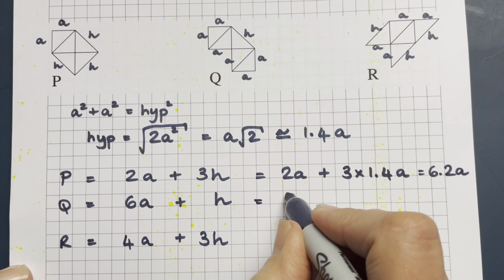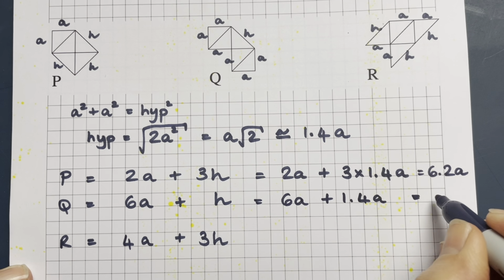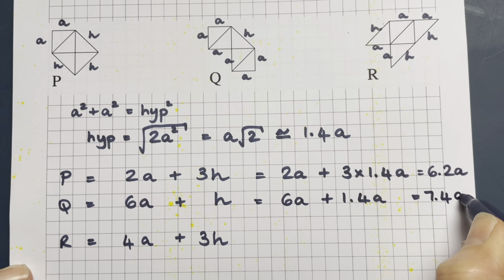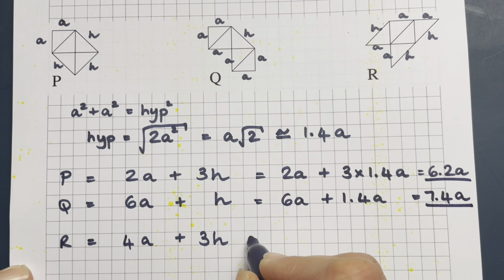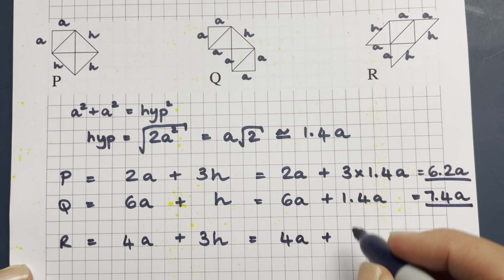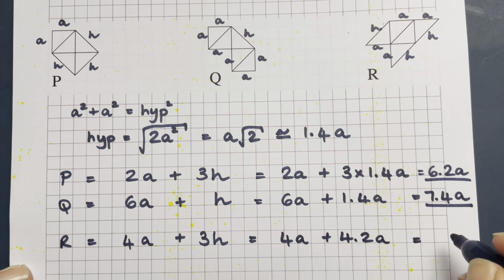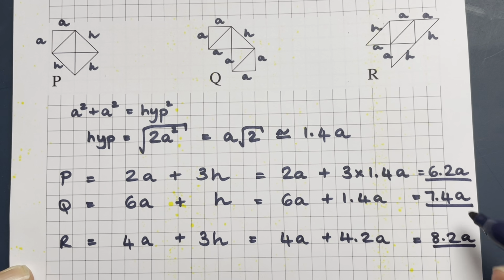I've got 6A here. I'm adding another one, so I'm adding 1.4A. That's going to give me 7.4A. And then finally here, I've got 4A, and I'm adding again my 4.2A here. That's going to give me my 8.2A.